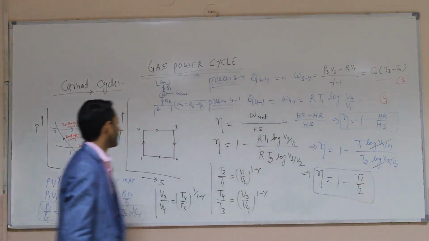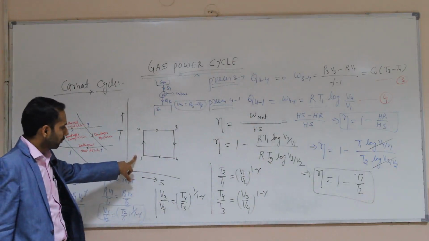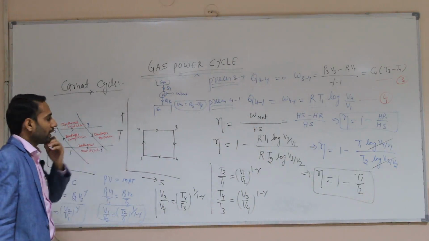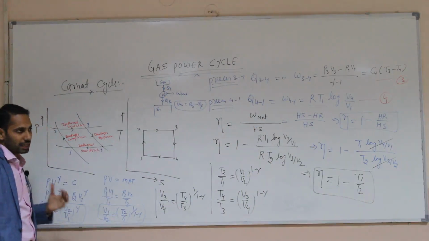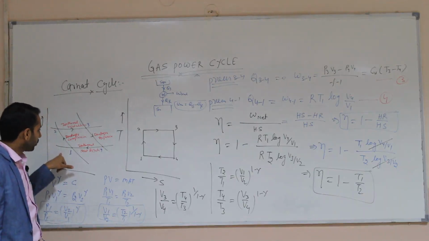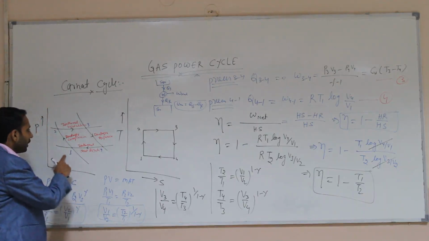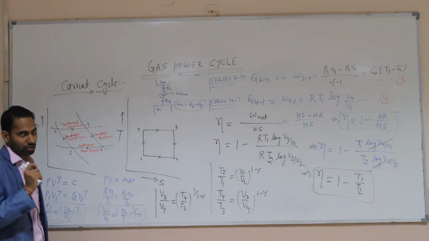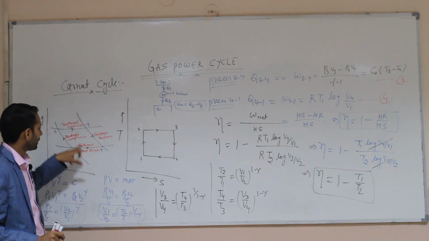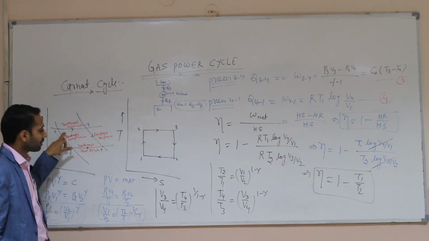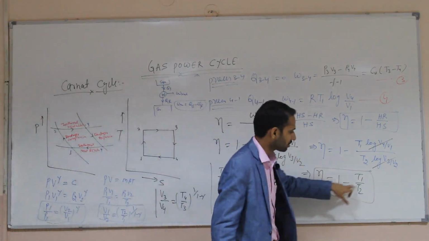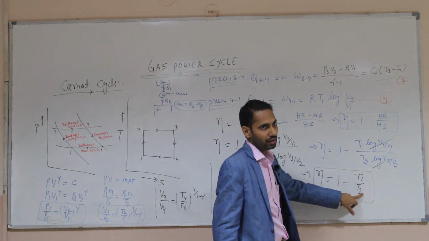From our TS diagram we see that T1 is the lower temperature and T2 is the higher temperature, because it depends on the cycle and from which point you start the cycle. In some books you will study that from 1 to 2 it is isothermal heat addition, then expansion, then rejection, then compression. I am starting from the compression, so that's why you receive this equation as 1 minus T1 by T2, not T2 by T1.